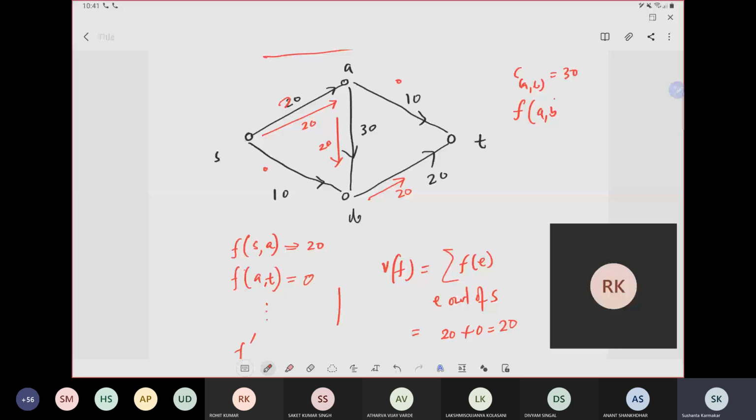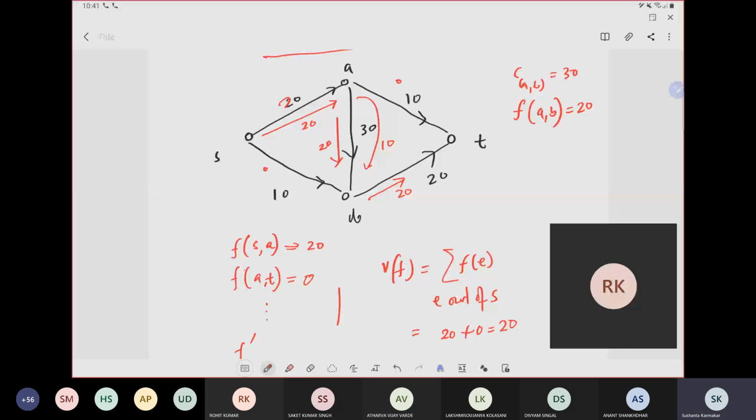That means if possible, or if I wish to increase the flow, then I can actually push another 10 units along this line. And that will not violate the capacity condition.